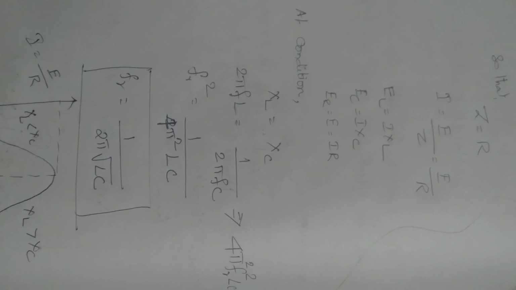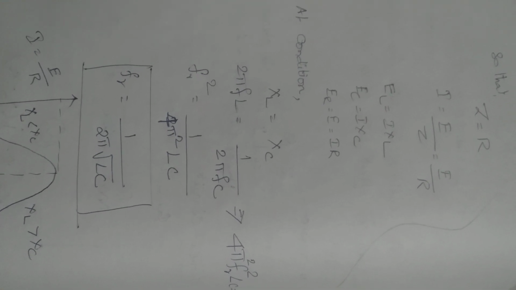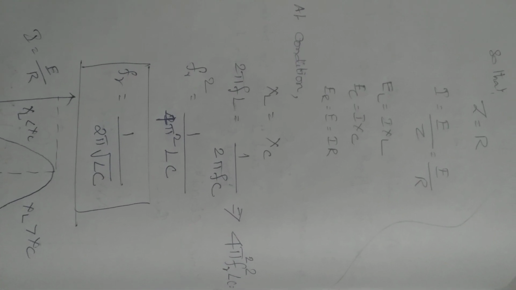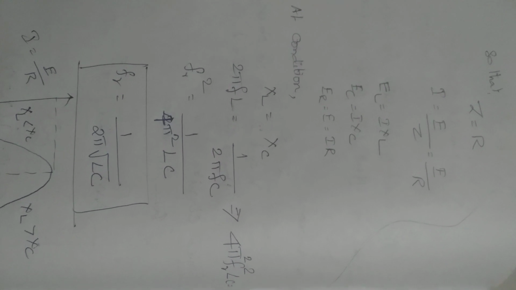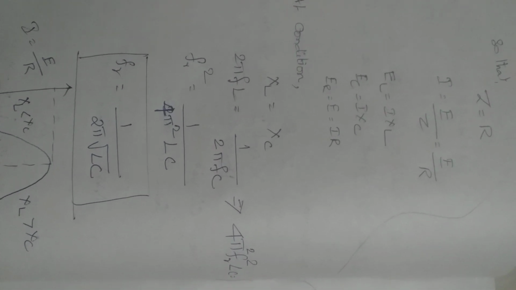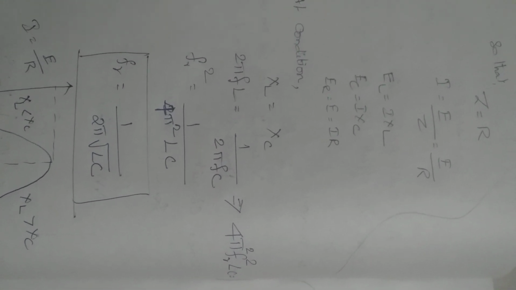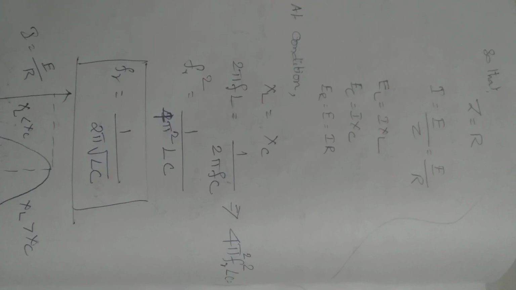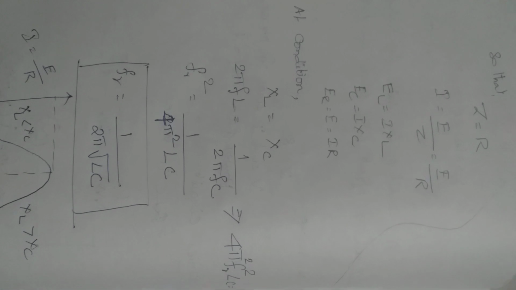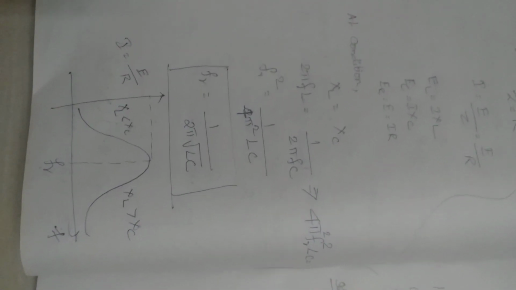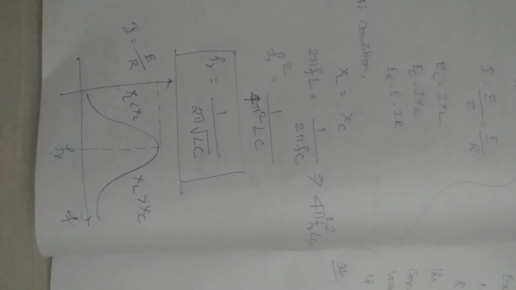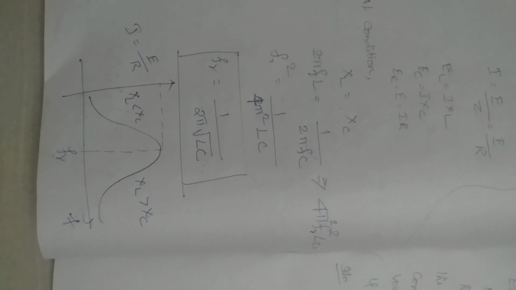XL we know is equal to omega L, XC equal to 1 by omega C. Omega is nothing but 2 pi f. So 2 pi fL equal to 1 by 2 pi fC. When we cross multiply, we get 4 pi square fr square into LC equal to 1. From this, fr will be equal to 1 by 2 pi root LC. This is the frequency called resonant frequency at which XL equal to XC.